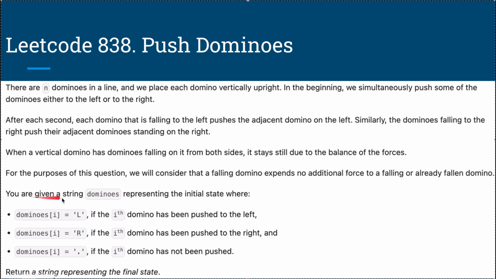Okay, and you are given a string dominoes representing the initial state where dominoes[i] is equal to L if the ith domino has been pushed to the left, R if the ith domino has been pushed to the right, and dot if the ith domino has not been pushed. Return the string representing the final state.